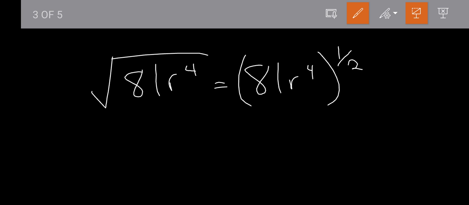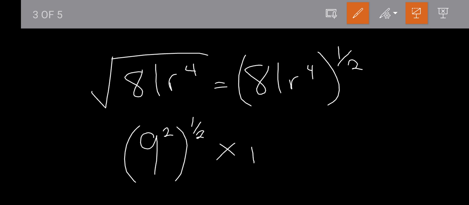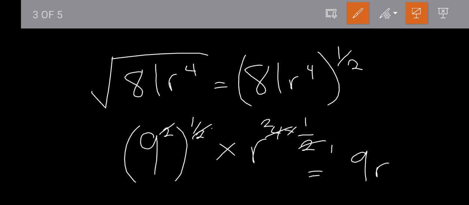I know that 81 is 9 raised to power 2. So I have 9 raised to power 2, all raised to power 1 over 2, times r raised to power 4 times 1 over 2. Remember the power index? 2, we cancel 2. So I'm left with what? 9 r raised to power 2.